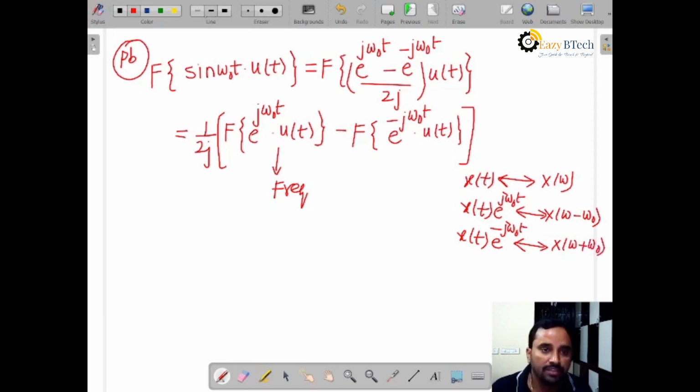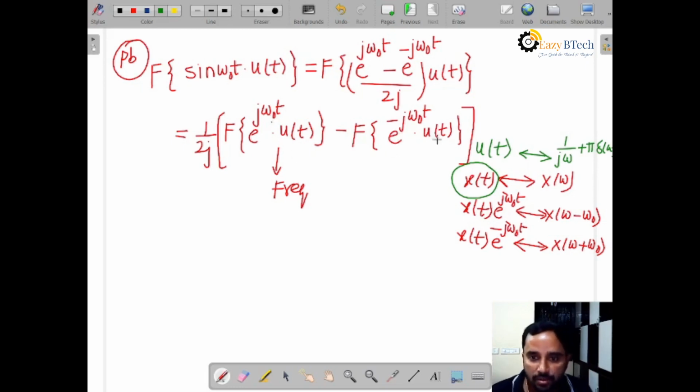Now in the place of x of t, we have u of t. What is the Fourier transform of u of t? 1 by j omega plus pi delta of omega. Right or not? So when u of t is multiplied by e power j omega naught t, we get X of omega minus omega naught, meaning wherever you have omega, write omega minus omega naught.